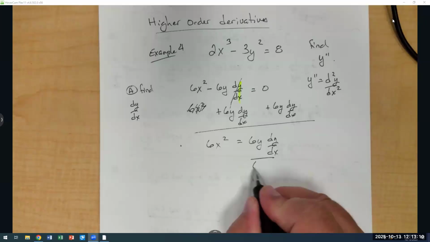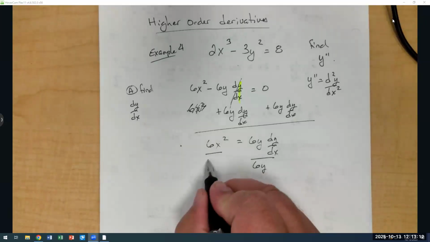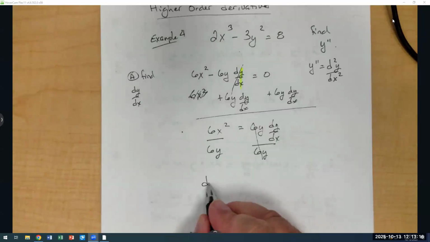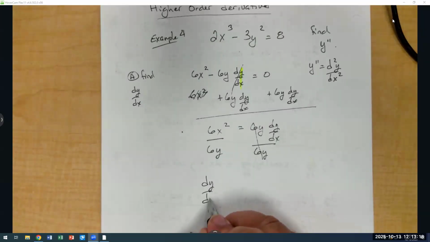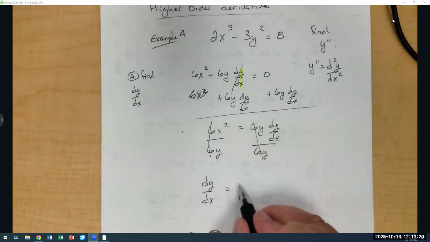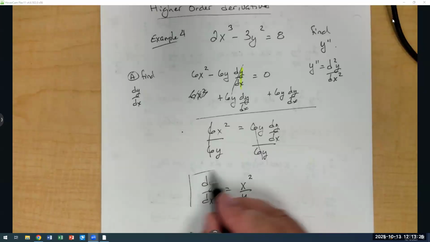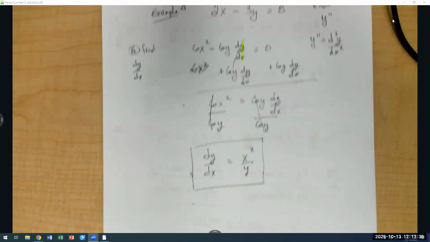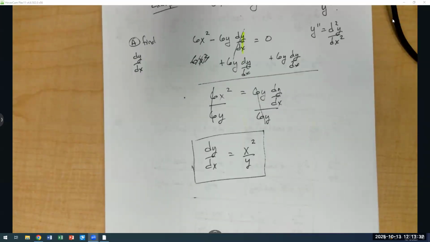And then divide by 6y. So dy/dx is equal to x squared over y. That's step one. That's phase one.